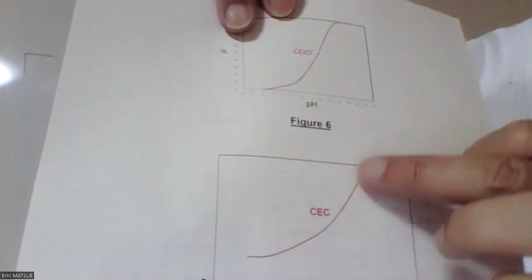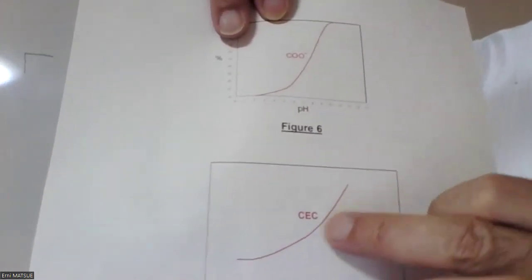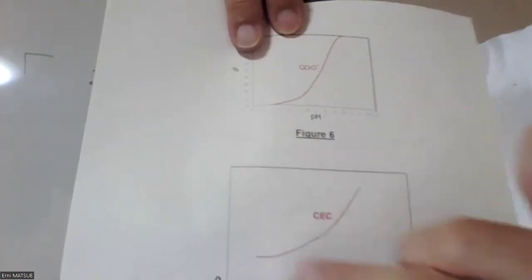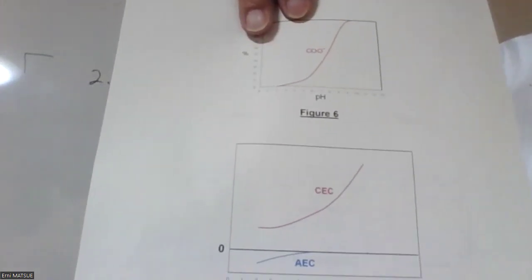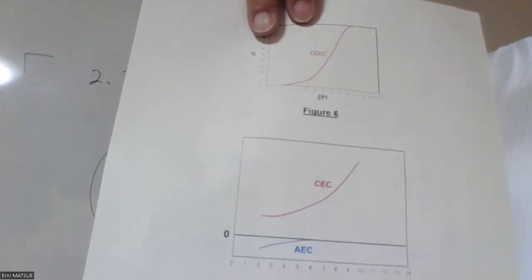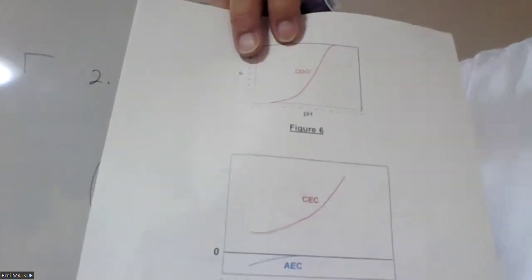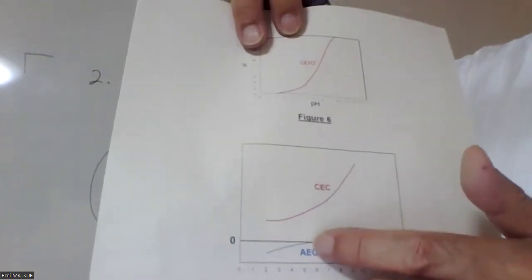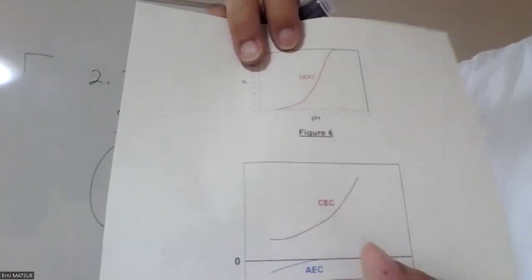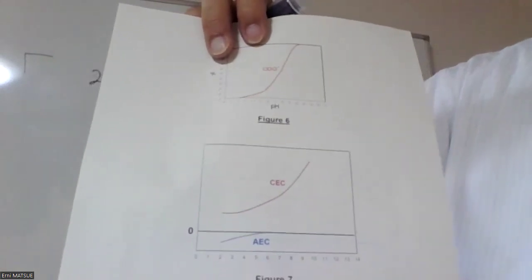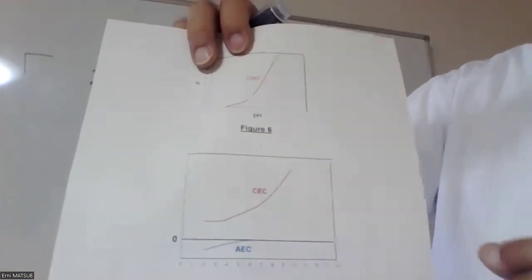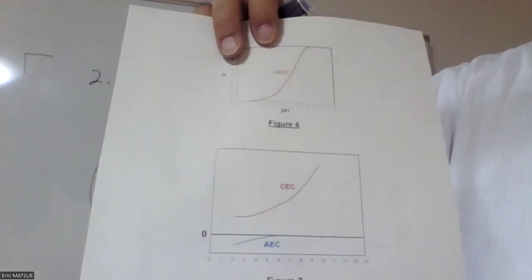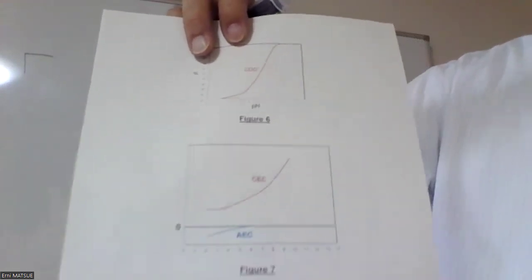But with decreasing pH it decreases, but becomes constant. This is due to the 2-to-1 type layer silicate, constant charge. In contrast, AEC, the blue curve, increases with decreasing pH. This is a typical CEC and AEC of soil.